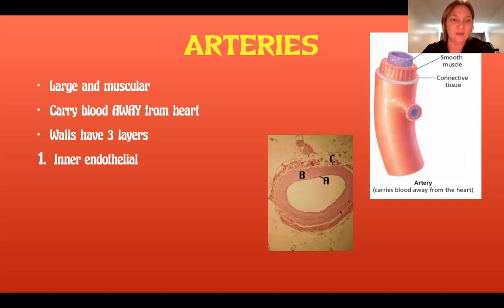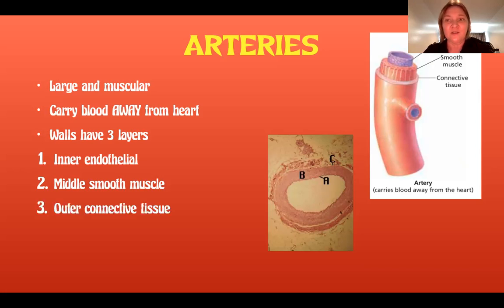So it's endothelial layer. The middle layer is smooth muscle. Again, the smooth muscle is involuntary, which means it's subconsciously controlled. You don't have to think about controlling those muscles, which is good because we would all die because there's so much to do in our body that involves involuntary muscle.